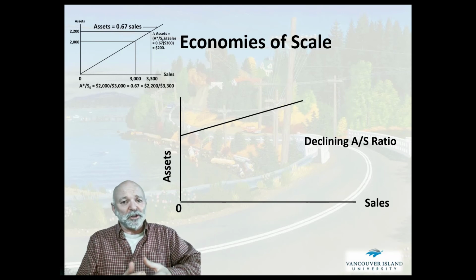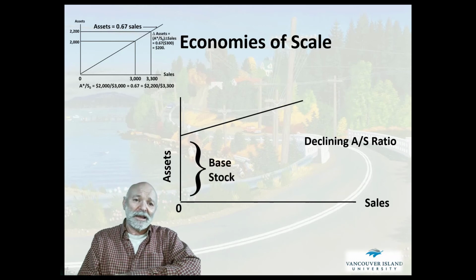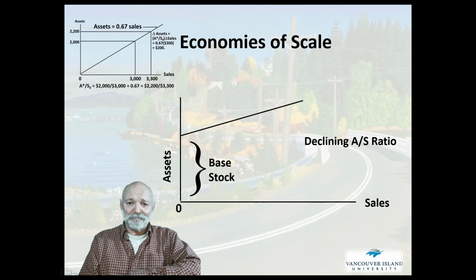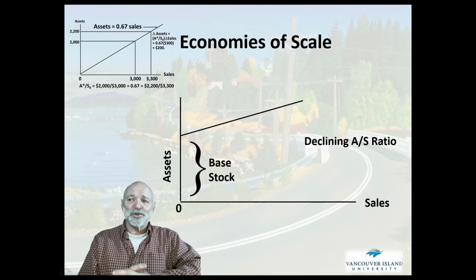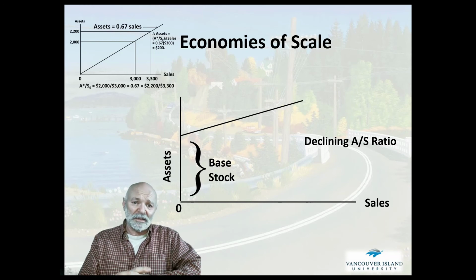And in the real world, we know that that's not going to happen very often. Typically, we have to have a certain base of machinery, maybe a building and a few machines. So if we end up doing 0 sales, we're still going to have a certain minimum amount of assets. Maybe we have to have a base of $200 or $250 million in assets just to have a factory.